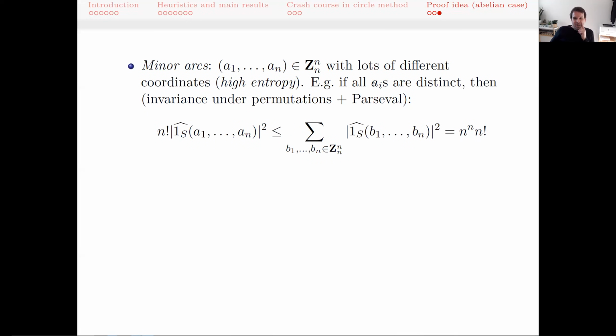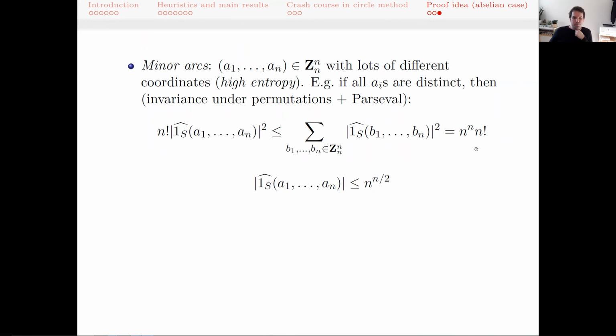But now, if all of the a_i are distinct, you can use the fact that these Fourier coefficients are invariant under permutations of coordinates. So if all of the a_i are distinct, that means that in this sum, this term appears exactly n factorial times. So we will have n factorial times the square of this Fourier coefficient is at most n to the n times n factorial.